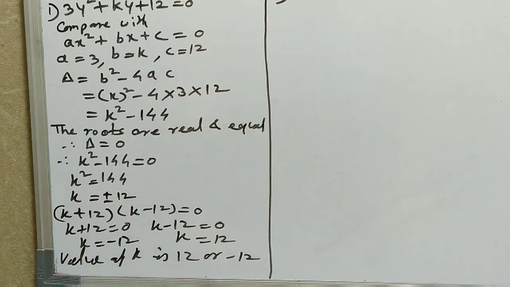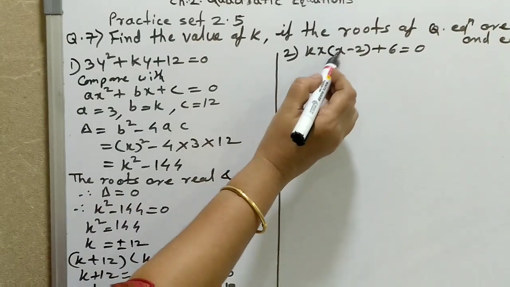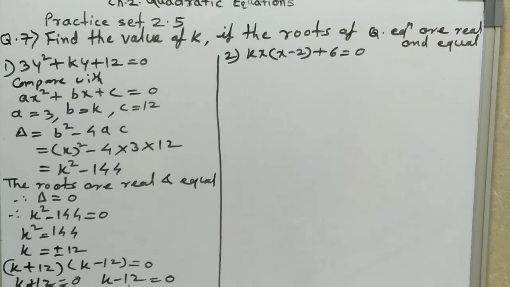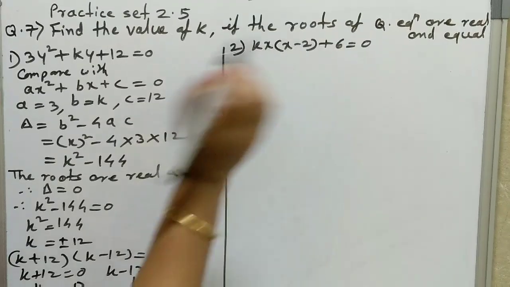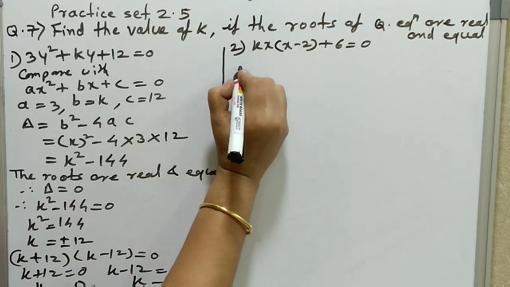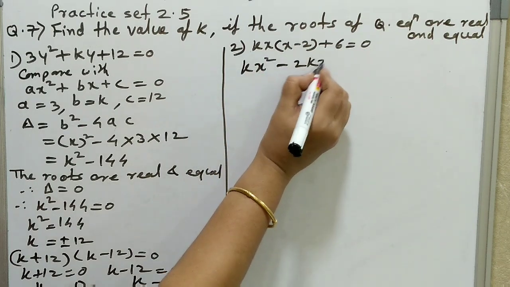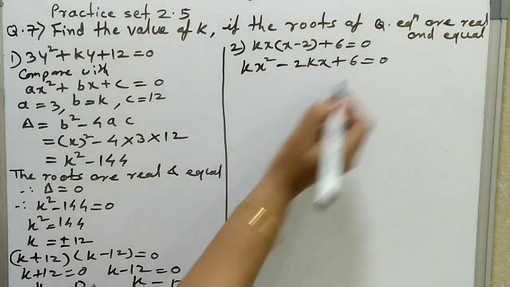Now see the next example. kx in the bracket x minus 2 plus 6 equal to 0. First we multiply this kx to the bracket. So kx square minus 2kx plus 6 equal to 0.